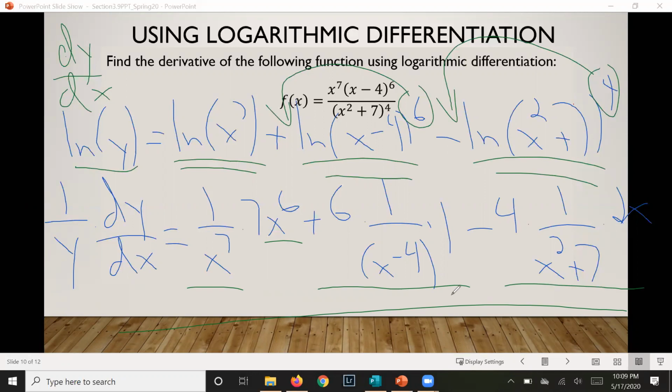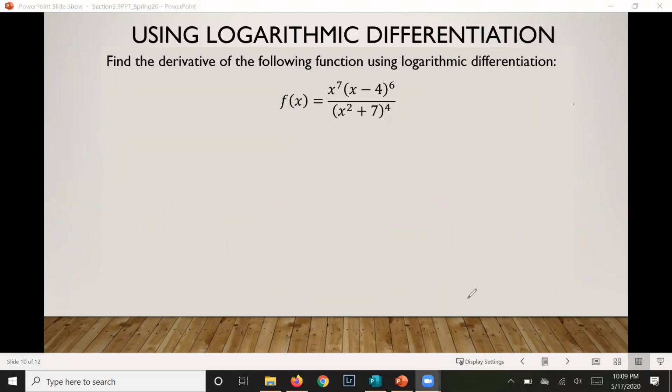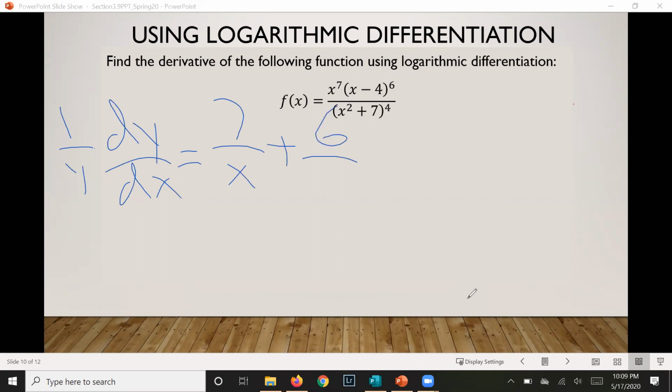And so when we do that, what we end up with then is 1 over y times dy dx equals, we will have 7 over x plus 6 over x minus 4 minus 8x over x squared plus 7.